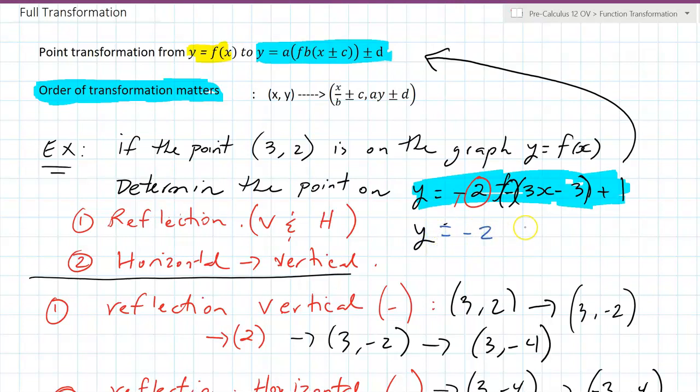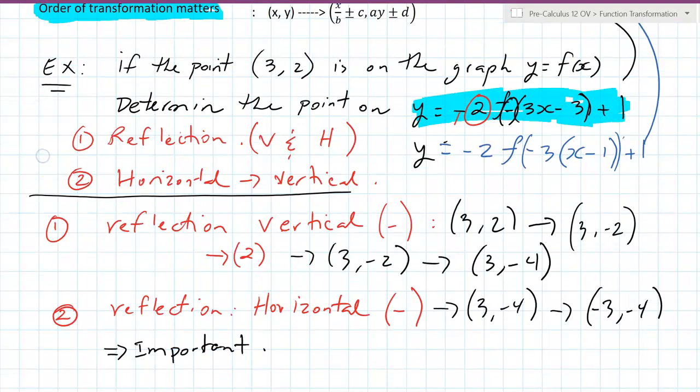So the minus 2 is out. Now I'm going to factor 3 out of the inside of the bracket, and I'll get x minus 1 inside the bracket, and then plus 1. Okay, so simple as that. Now if you want to, you can put a bracket around it like that as well. Now it looks like the original form. Very good. We factored 3 out.